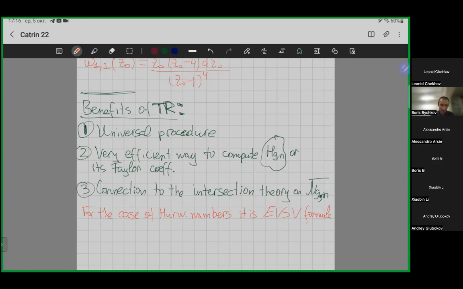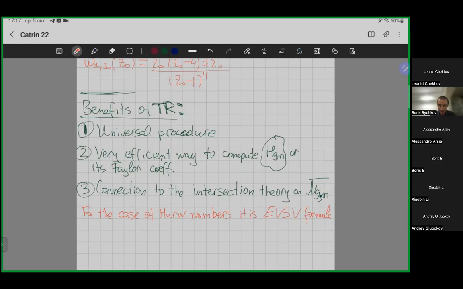And this algorithm which allows you to connect is due to Givental and the works of Givental and Dunin-Barkowski, Norbury, Shadrin, Spitz.